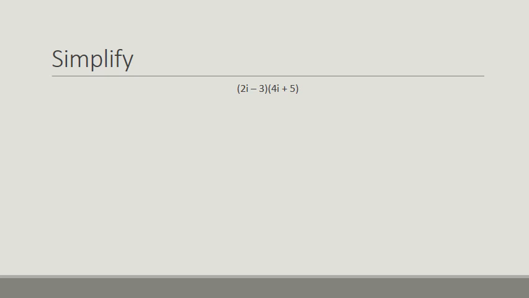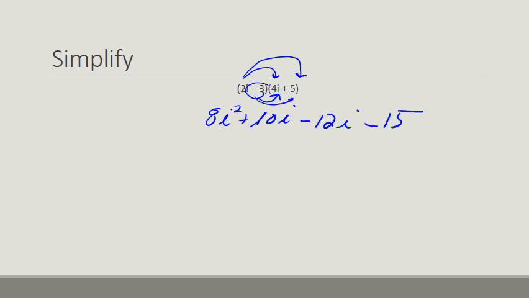Of course, if I'm multiplying a binomial by a binomial, I'm going to use the double distributive or FOIL method. So 2i times 4i is 8i squared. 2i and 5 is 10i. And then the -3 times 4i is -12i. And -3 times 5 is -15.